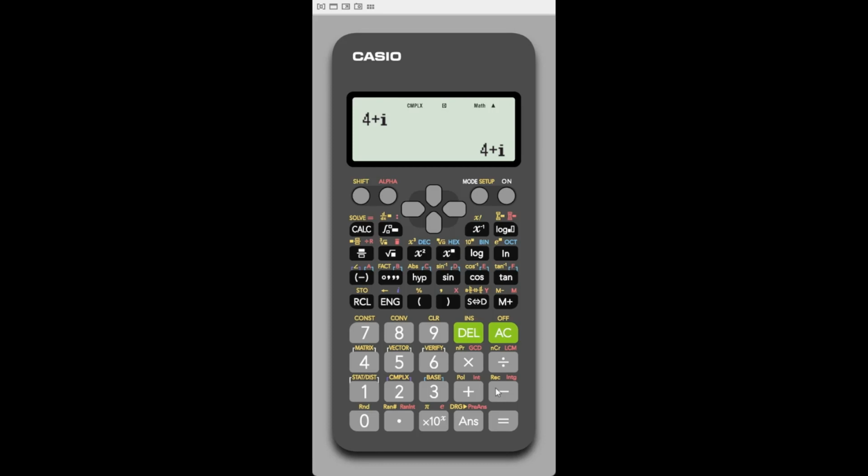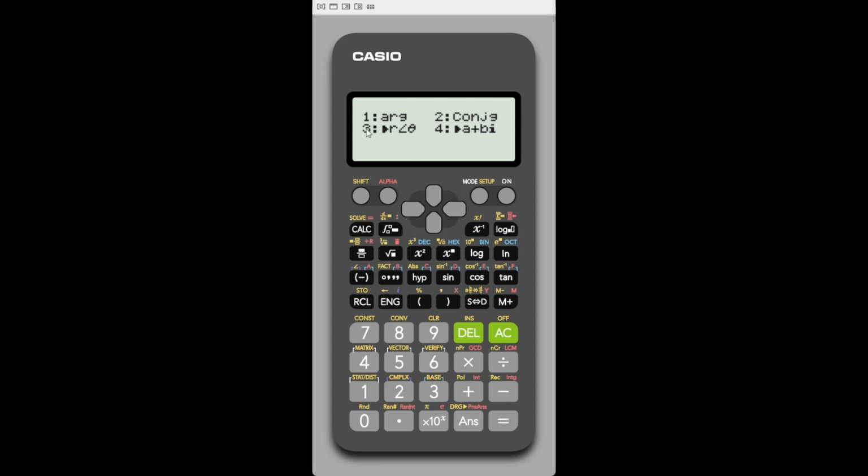So how to convert it to polar form? In order to convert it to polar form, we can make use of shift. Above 2, we can see the terminology CMPLX. So click 2, and I get all the functions that I can do with this calculator for complex mode. Now my data is in rectangular form, and I want it converted to the polar form.